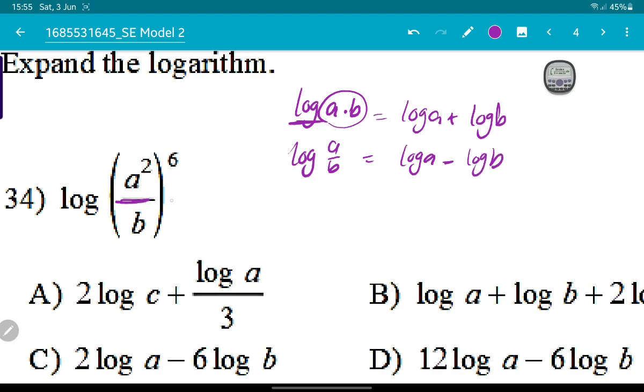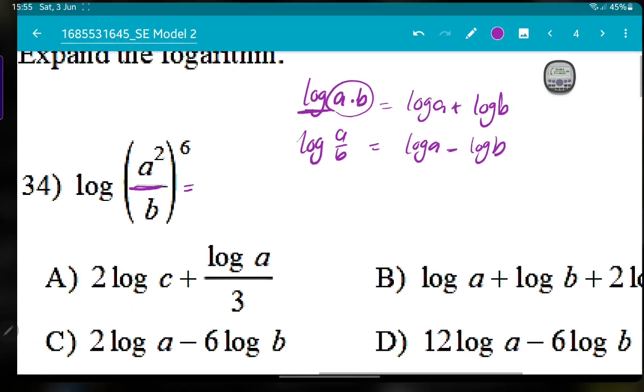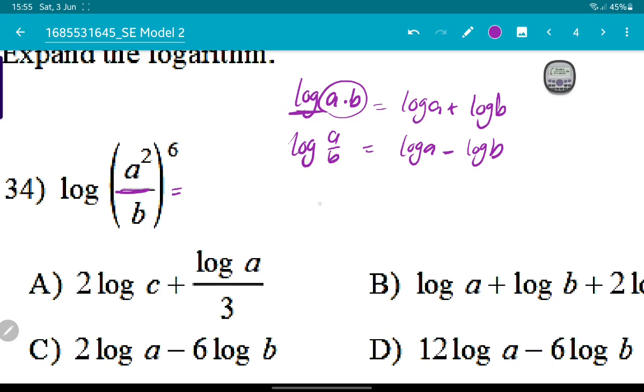So in this case we have log a squared minus log b, but we have the third one. If we have log, for example, x power a, this power is moved before the log, so a log x.